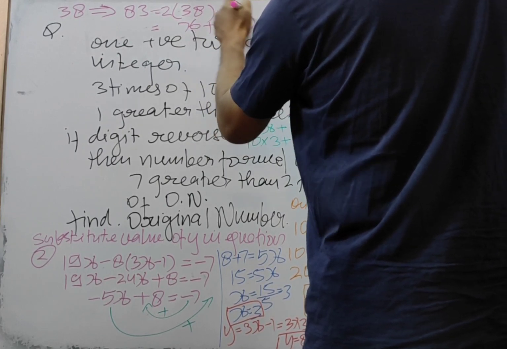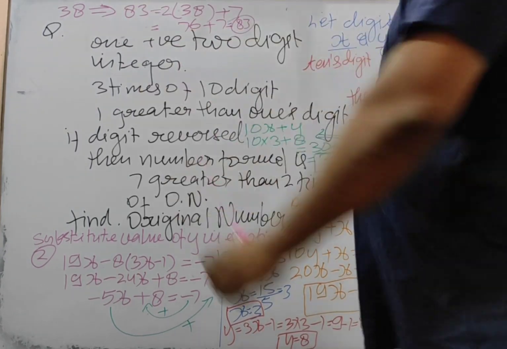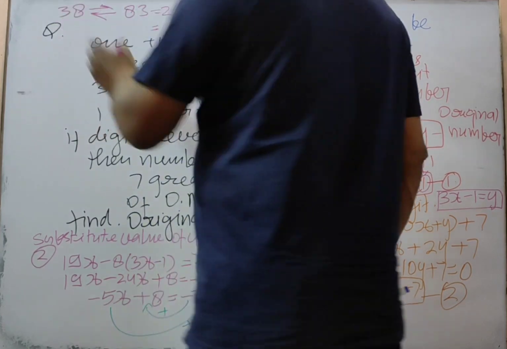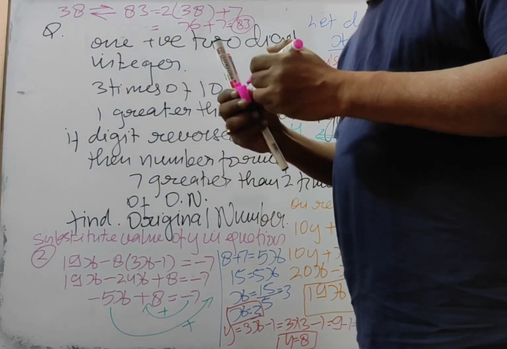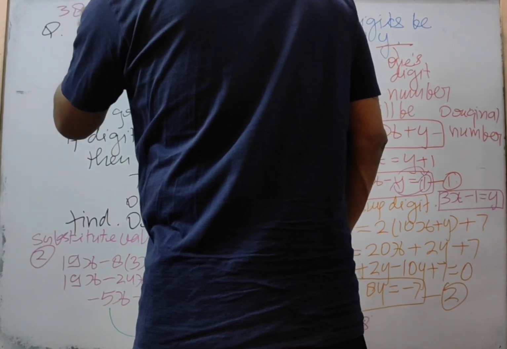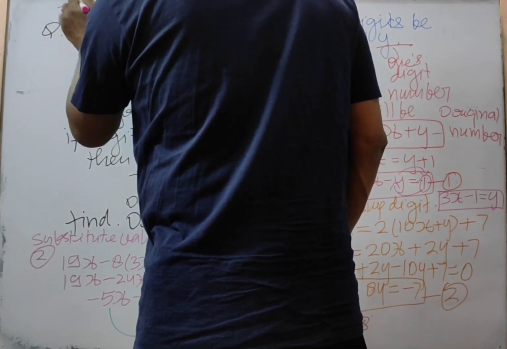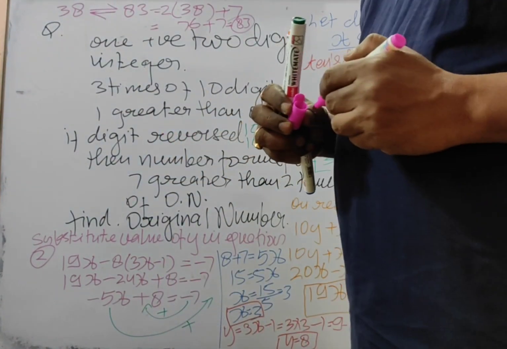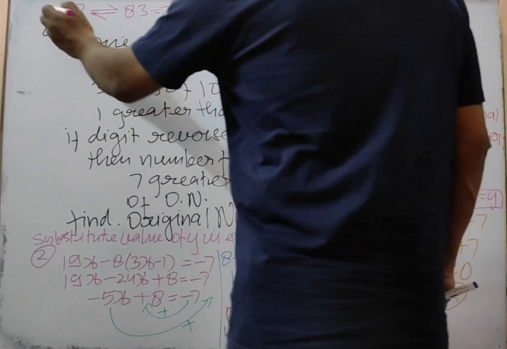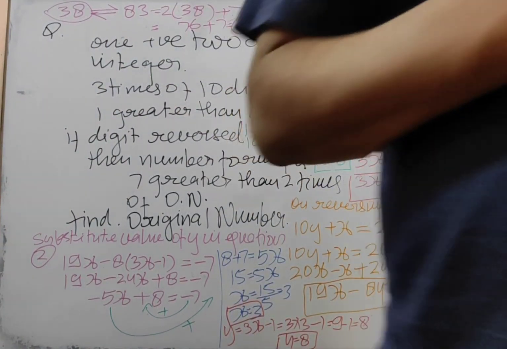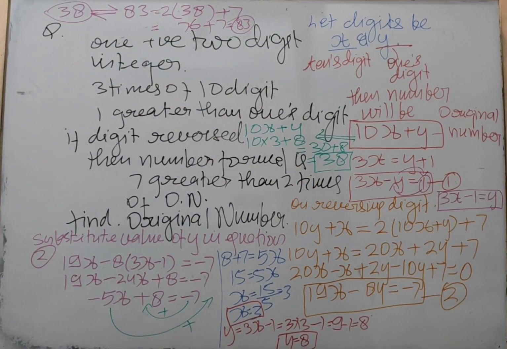Yeah, it is correct. When we reverse that 83, we get the original number. So our answer is correct. Your two-digit positive number is 38. Right? This I checked. So now, any other question you would like to ask?